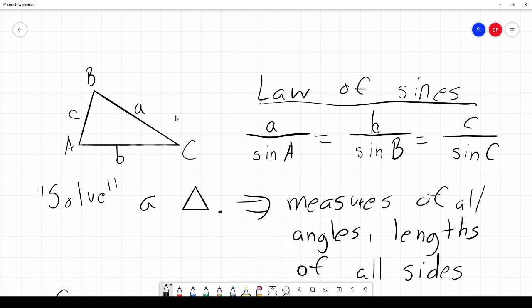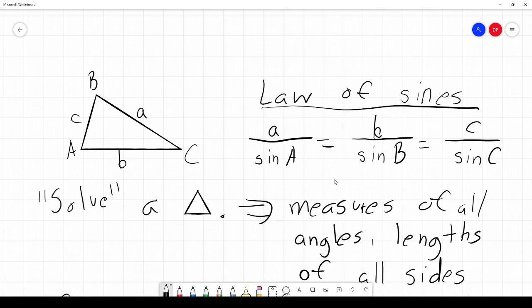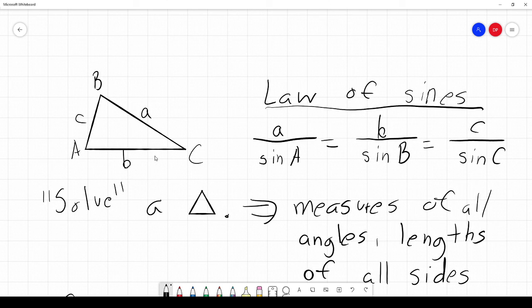So the ratio of the side length over the sine of the opposite angle is going to be equal for all three of those ratios. Okay. So basically, you could use whatever two you need to find what you're missing.